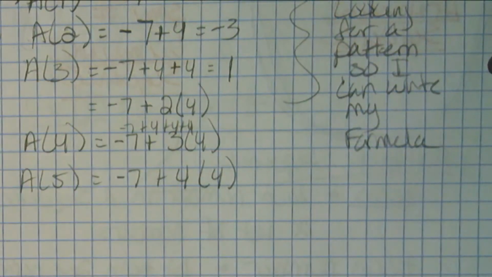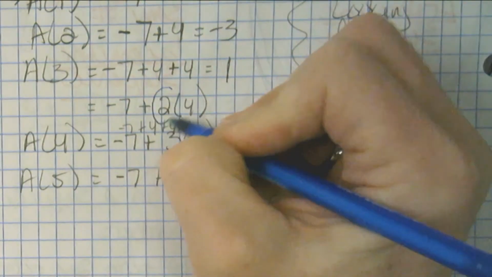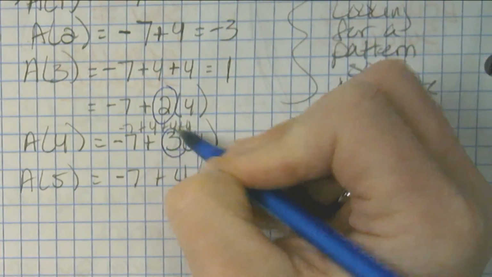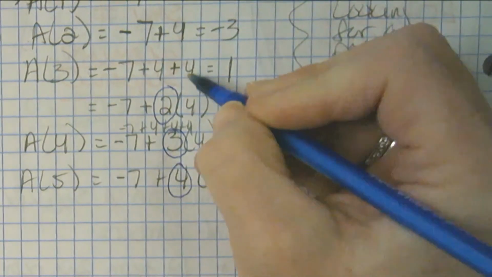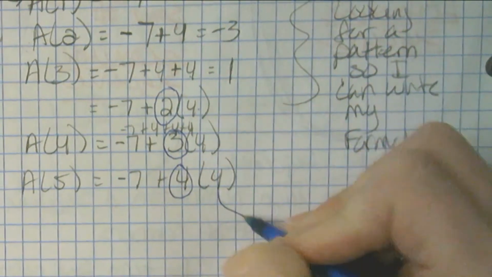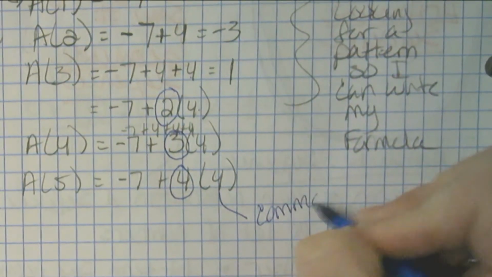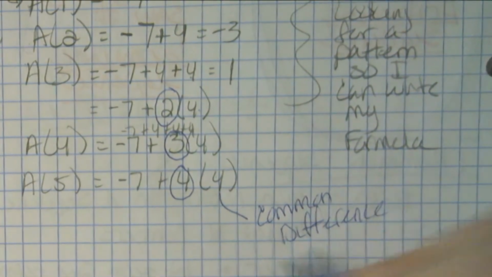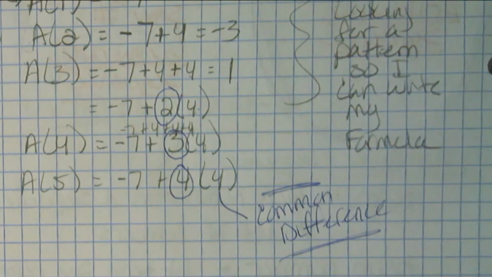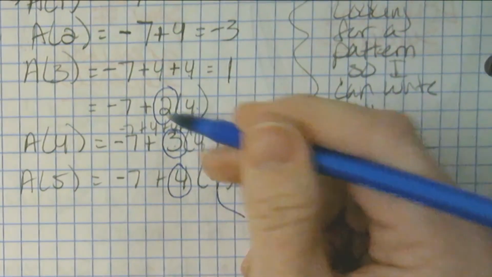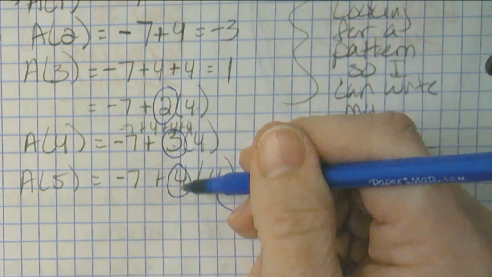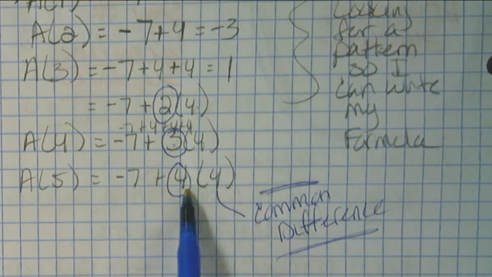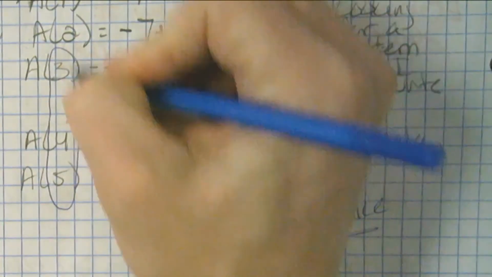What do you notice about each of these values that I'm multiplying my 4 by? Remember that 4 is my common difference. That 4 that I'm adding each time is my common difference. What do you notice about what I am multiplying my common difference by each time in relation to my term number?